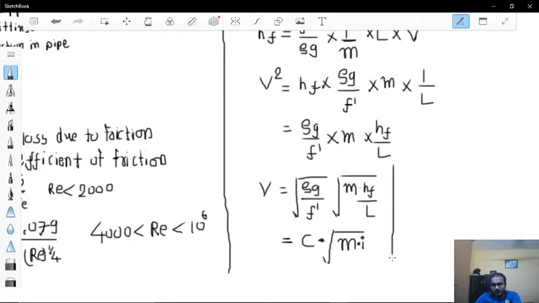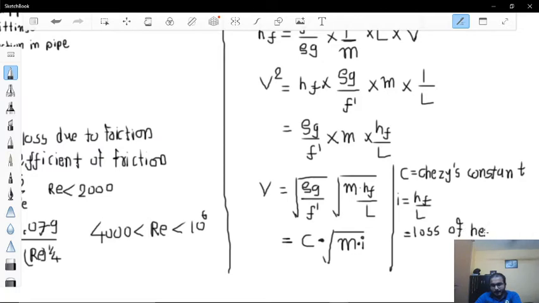First of all, let me write down here that C is equal to square root of rho g upon f prime, C is constant, and i is equal to hf upon L, that is equal to loss of head per unit length.